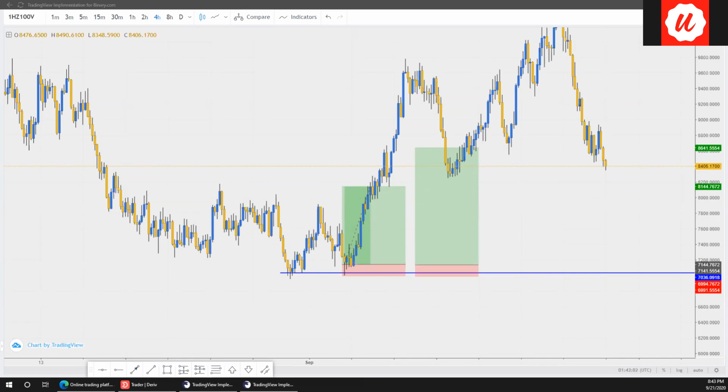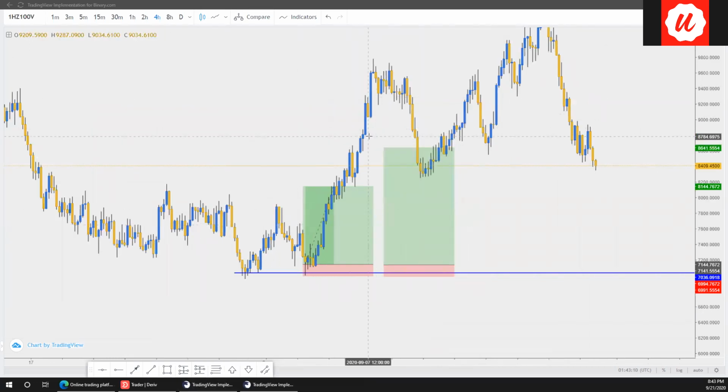And the target would be 1,000 to 1,500 pips, right? So this is the 4 hour time frame, and this is what the setups would look like. This one is 150 pip stop loss with 1,000 pip take profit, and this one is the 1,500 pip take profit with the 150 pip stop loss, and this is the 4 hour.